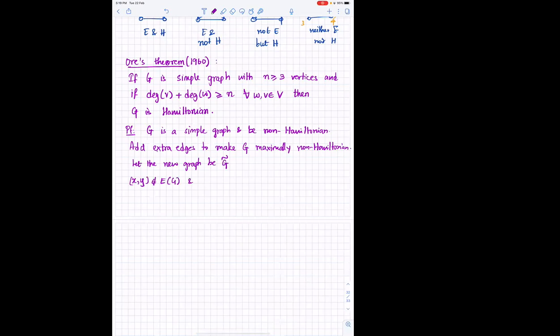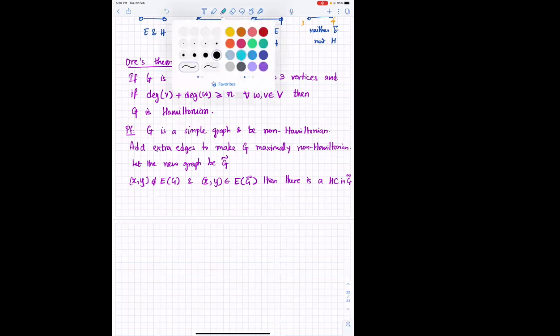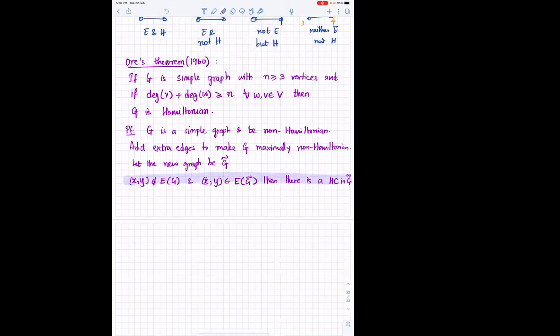And if I add xy to G tilde, then I know that there is a Hamiltonian cycle. Is this statement clear? xy is not an edge.